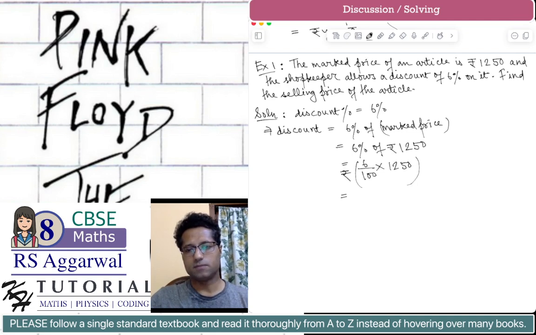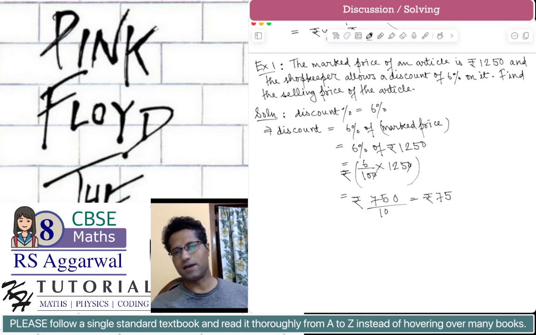Okay, this becomes, after simplification, 10 cancels 10, and this is rupees 125 multiplied by 6 becomes 750 by 10, which is equal to rupees 75.